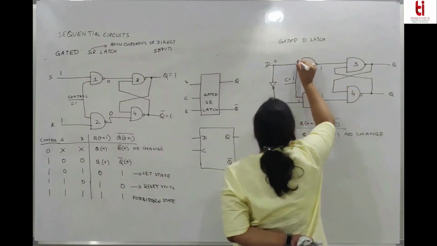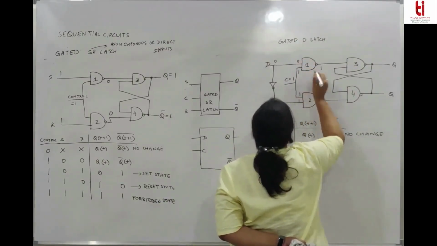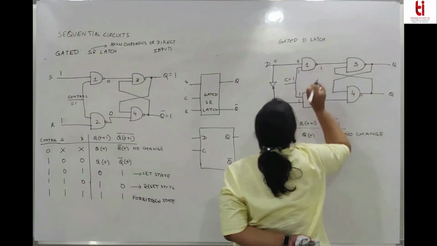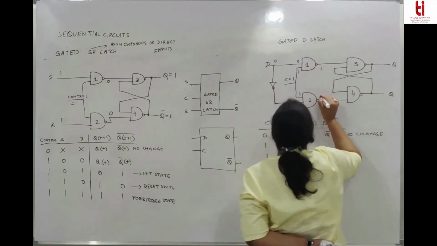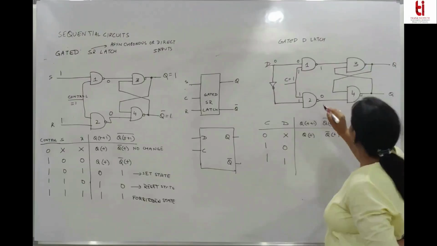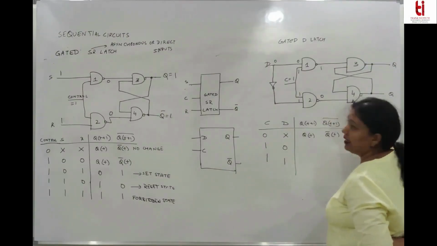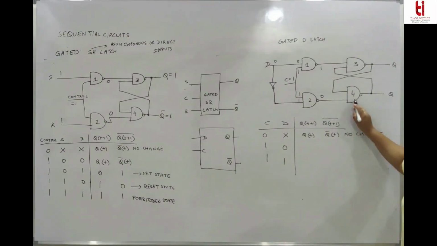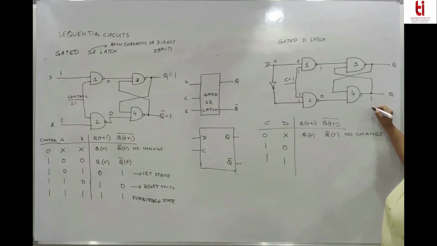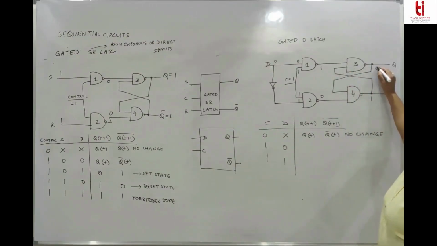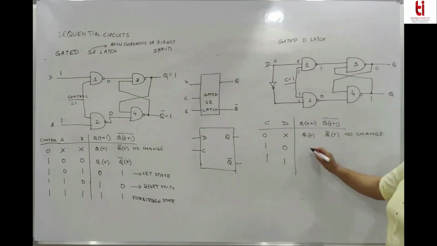This is 0. So 0 1 will give you 1 and 1 1 will give you 0. If one of the inputs of a NAND gate is 0, this will go high. And this is 1 1, so it will settle down and the output will show Q to be 0 and Q bar to be 1.